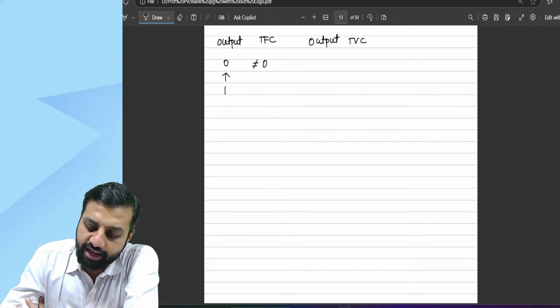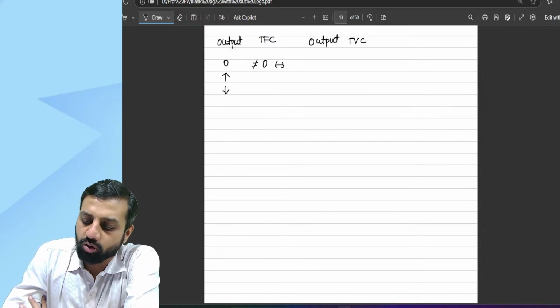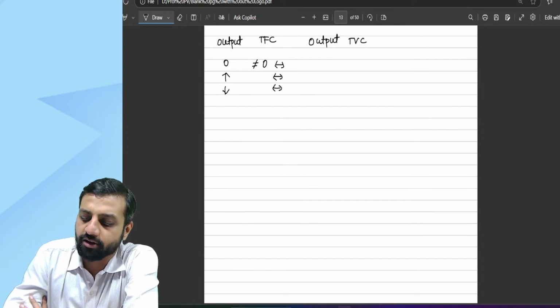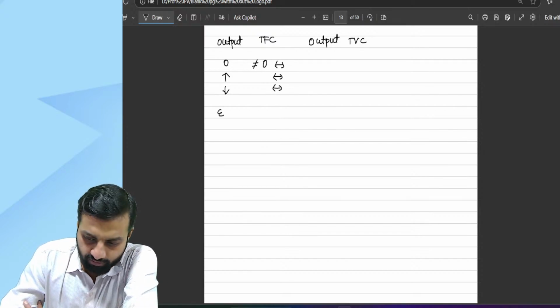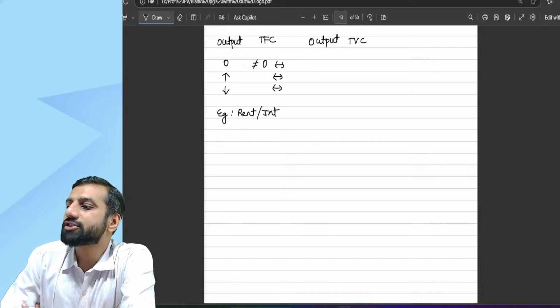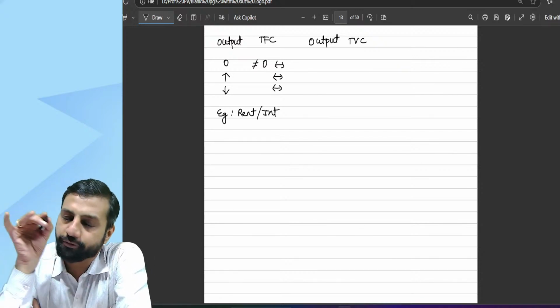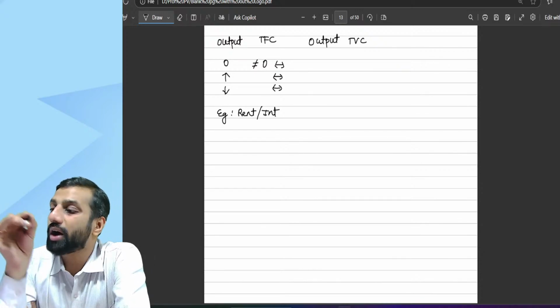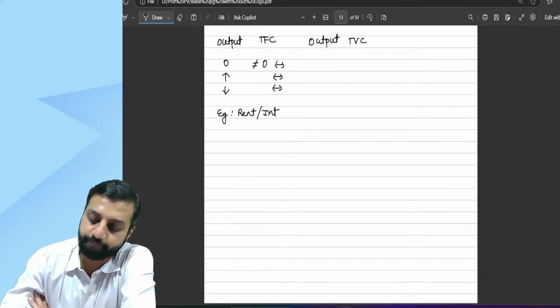Output rises, output falls, fixed costs always remain constant. For example, rent, interest, these costs can never be zero. Even if you produce or you don't produce, you have to bear these costs.